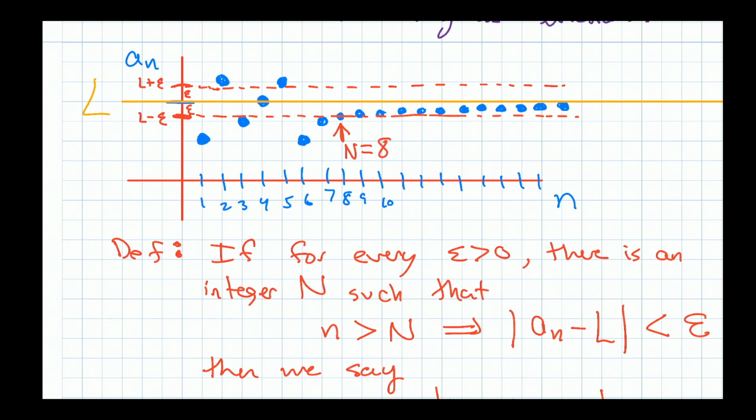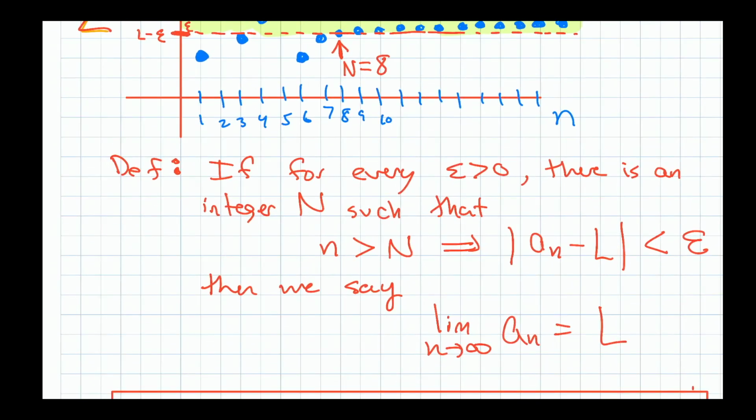All of the n's past 8 have the blue, which is the sequence. All of them past n equals 8 have the terms of the sequence in between L minus epsilon and L plus epsilon. Okay? So what that's saying is past n equals 8, the sequence is close to L, right? L is this value on the y-axis.